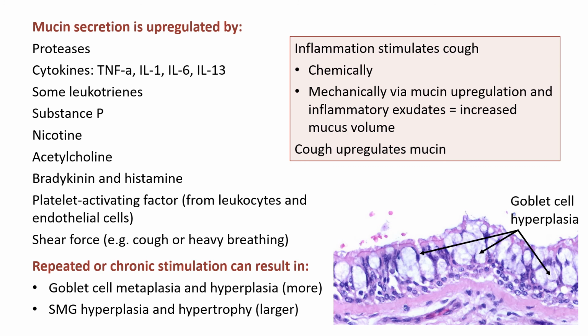They also get larger. Our submucosal glands, also you will get more of those and you will get them larger, so more productive. So both the goblet cells and the submucosal glands become more chronically able to produce more mucin.